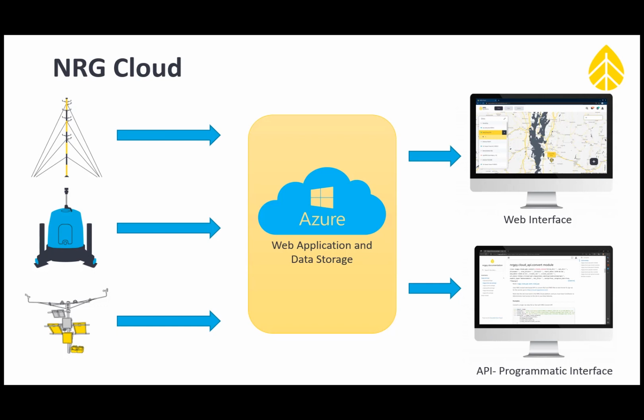The platform currently supports Symphony Pro data loggers and ZX LiDARs, with support for our new logger, Logger S, to be added in future releases. So the idea to create the NRG Cloud came from a notion that we wanted to provide our customers with a next-gen solution that was like an evolution of our Symphony Pro desktop application.